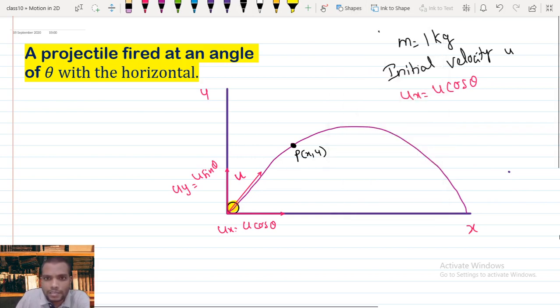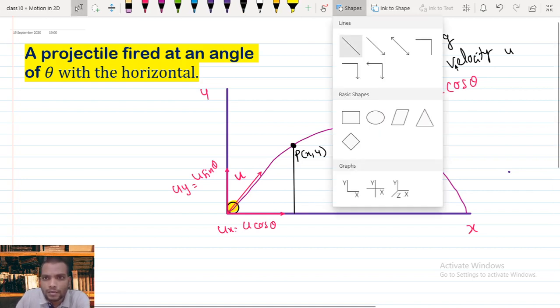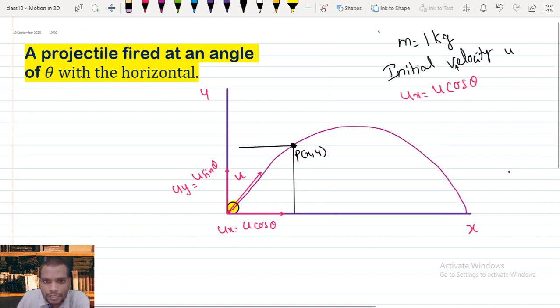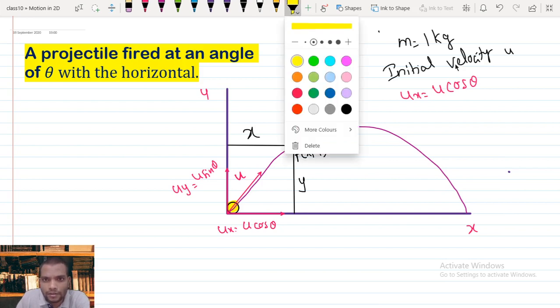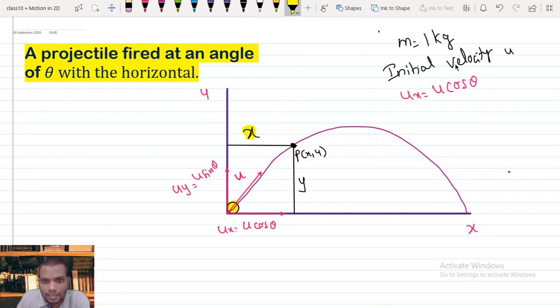The perpendicular distances can be measured, so this is the corresponding x location and this is the corresponding y location. This gives x and y, the distance that locates the point in the two-dimensional plane.